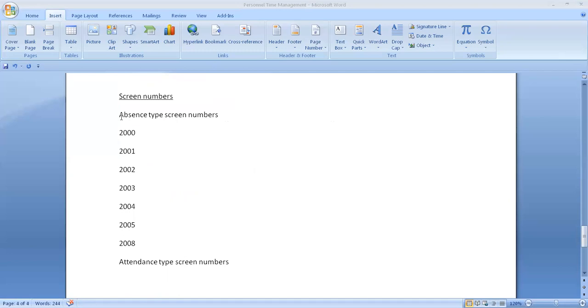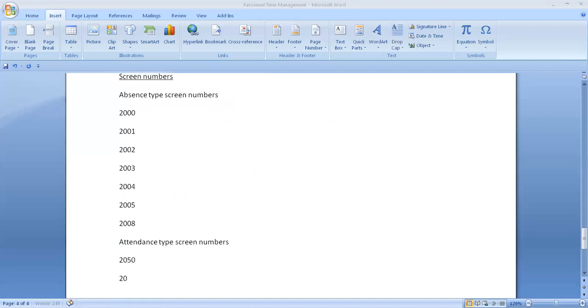Screen numbers I am dividing intentionally. I am dividing one for absence type screen numbers and attendance type screen numbers. For example, 2050 or 2051.